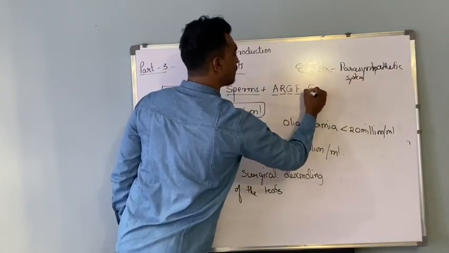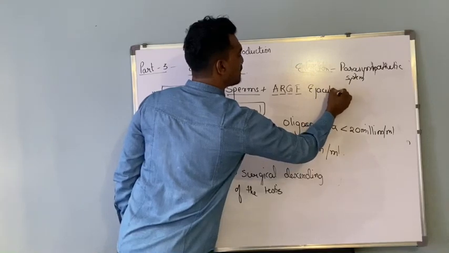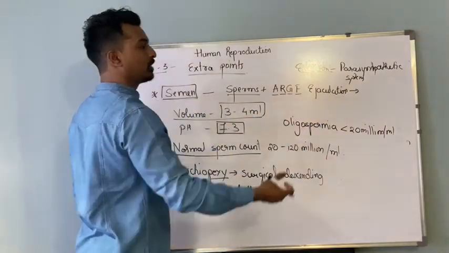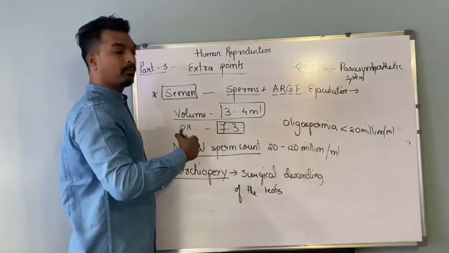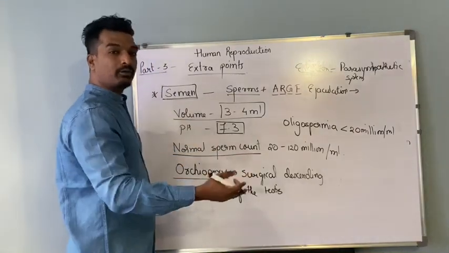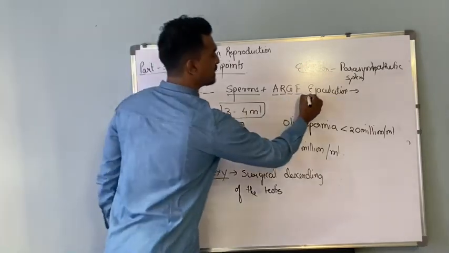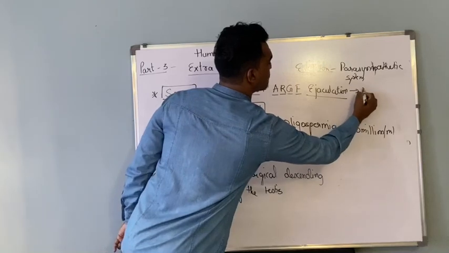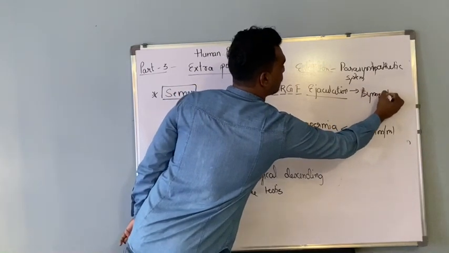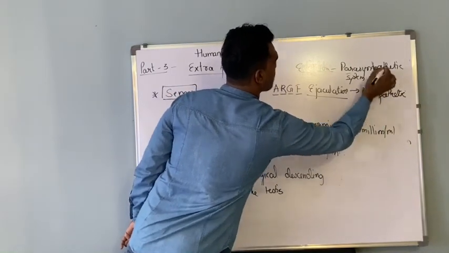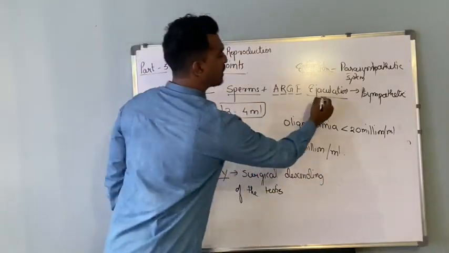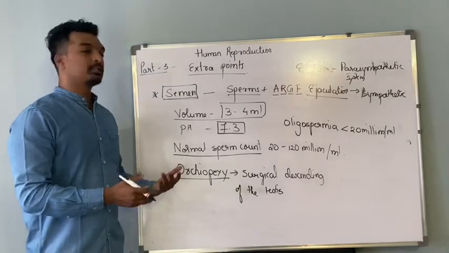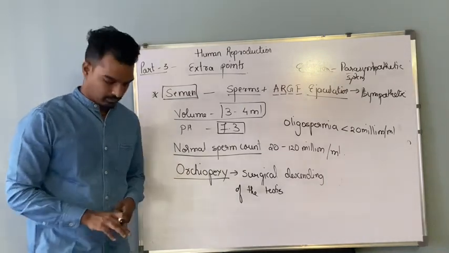And ejaculation, that is the release of the semen by the male during coitus, is controlled by the sympathetic nervous system. So erection is controlled by the parasympathetic system and ejaculation is controlled by the sympathetic system. So you must be clear about today's topic. Thank you.